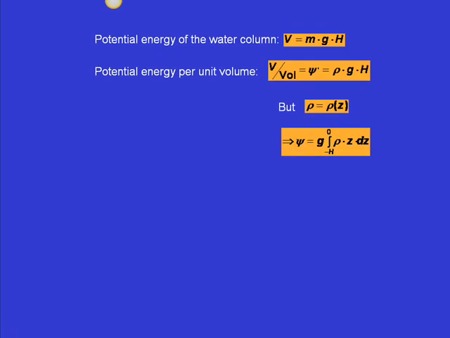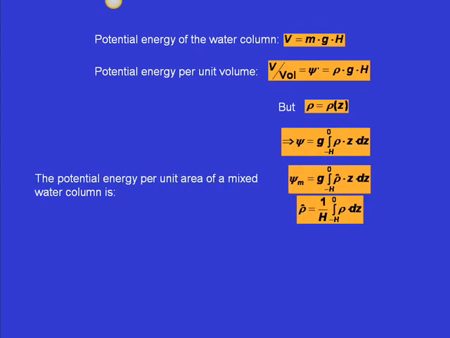Potential energy per unit volume. This is for a stratified water column. That's the potential energy now per unit area, because we're integrating it throughout the entire water column. So up here is per unit volume, but since we're integrating here, that makes it per unit area. So that's for a stratified water column.